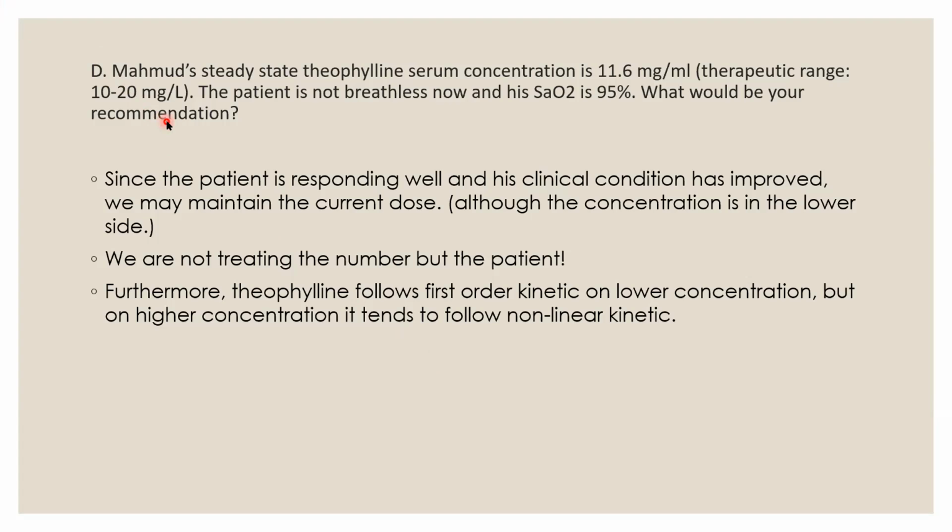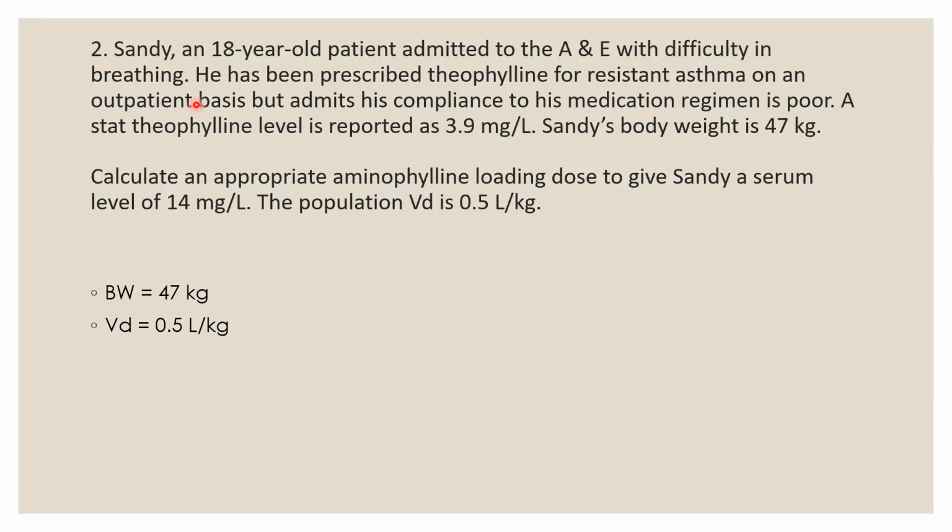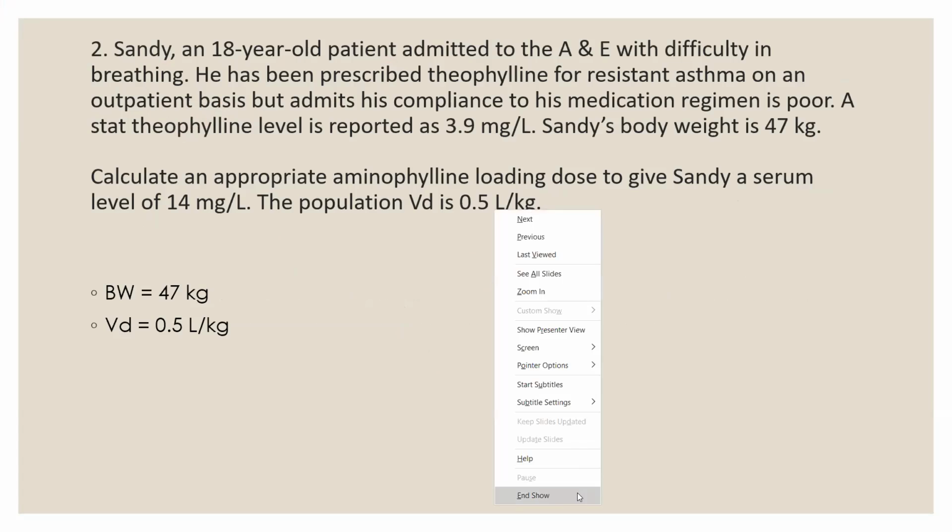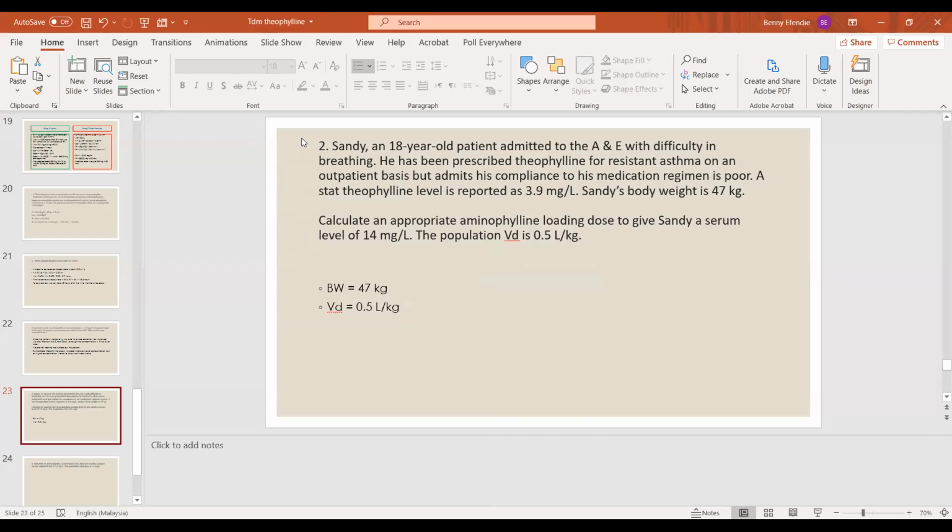All right, so let's see this second one. Actually I wanted us to do the second one together. Okay, can we do together? Sandy, an 18-year-old patient admitted to the E&E with difficulty in breathing.